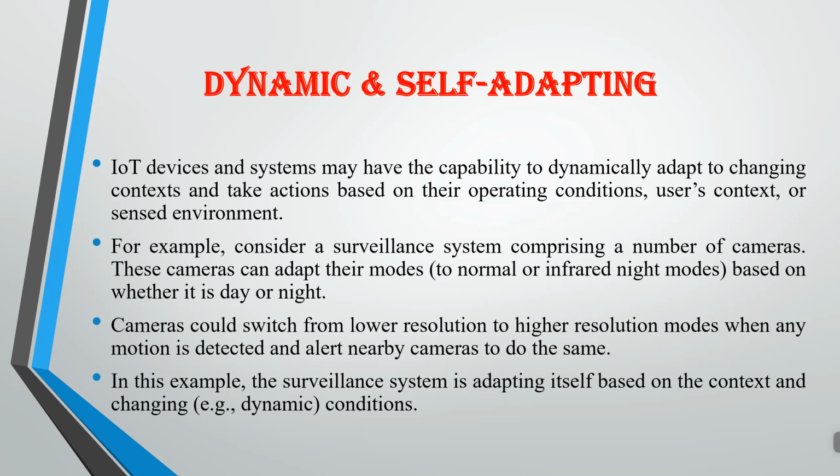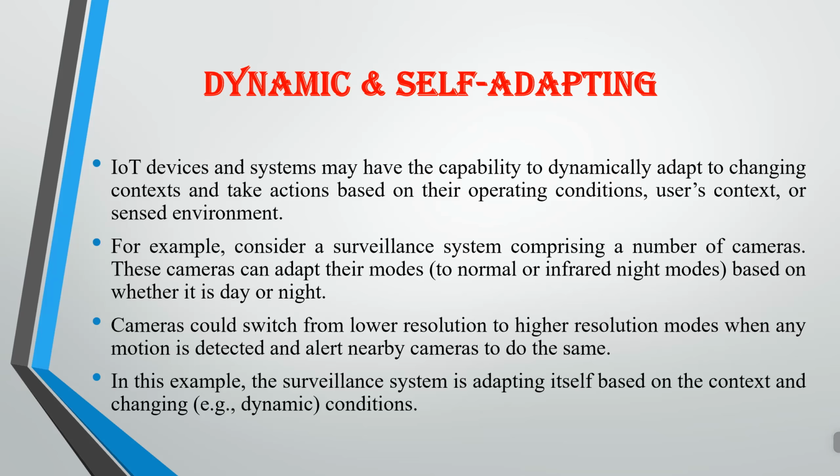Basically, when a camera is working during night mode, it is working with the help of an infrared camera. So in the daytime, all the cameras are working in the normal mode. So this self-adaptation for a surveillance camera based on the environmental condition dynamically is one of the major characteristics of the IoT devices. I have given only one example. Like this, you can have a lot of examples.